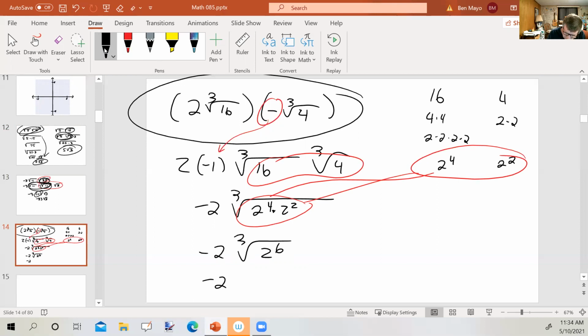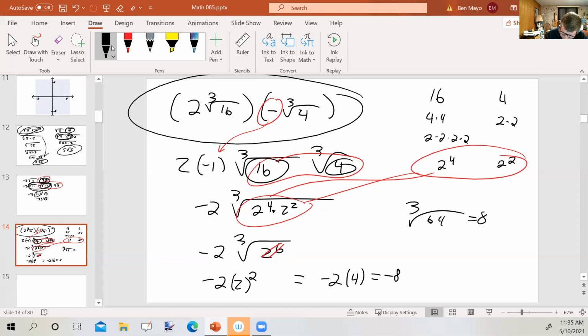Okay, which is -2, and then what? The cube root of 2 to the 6th would be 2 to the 2nd power. So I've got -2 times 4, or -8. And the particular way that I pulled it apart, could have done it a different way. For instance, you could say that would be the cube root of 64.